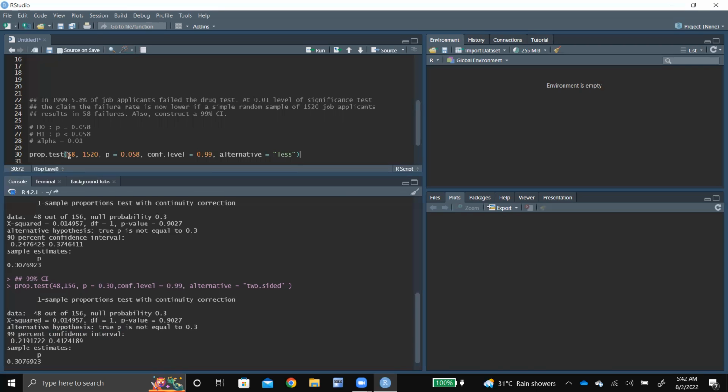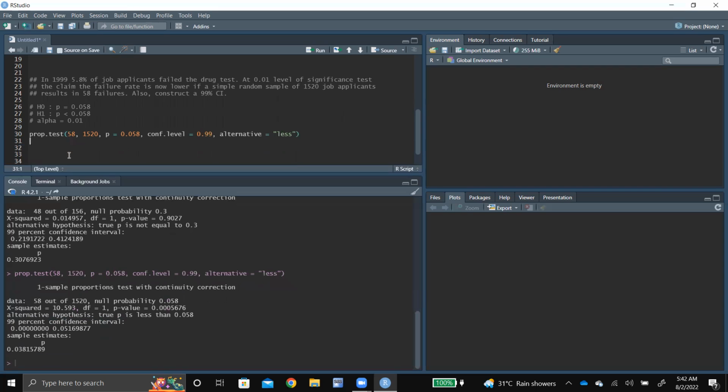Now, if I run this, we have the p-value, we have the 99% confidence interval, and also we have the value of your p hat. The sample estimate is the value of your p hat. The p hat value is 0.038. We have the p-value to be 0.00567. This number is much smaller than the level of significance alpha of 0.01.